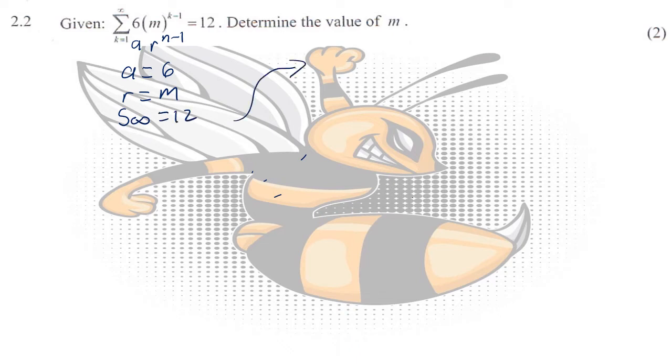So from there, we can simply use our formula that says the sum to infinity is equal to a over 1 minus r, and now we can substitute in the values we have. The sum to infinity is 12, our a value is 6, and our r value is just m. Now we need to solve for m, and we do that by multiplying on both sides with 1 minus m.